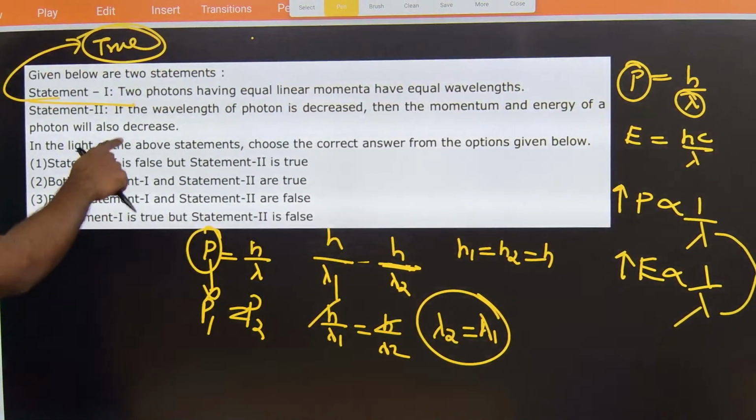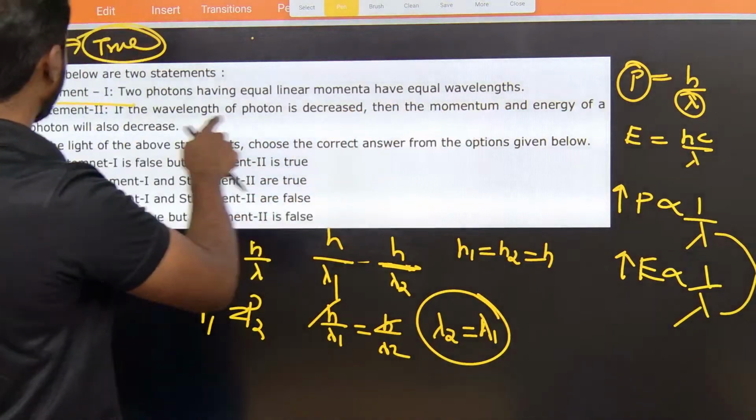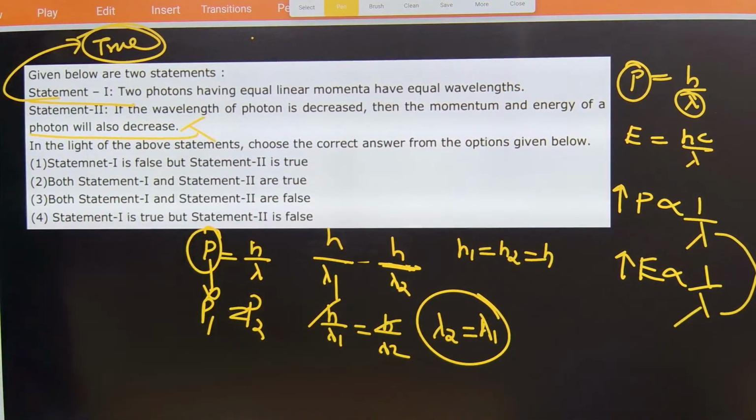So the statement that momentum and energy decrease is wrong. It is not decreasing, it is increasing.